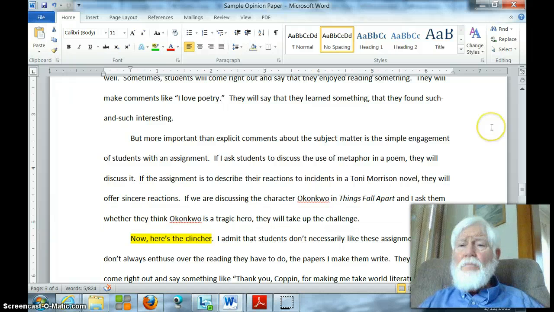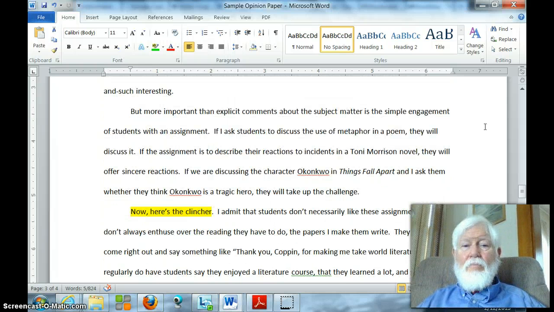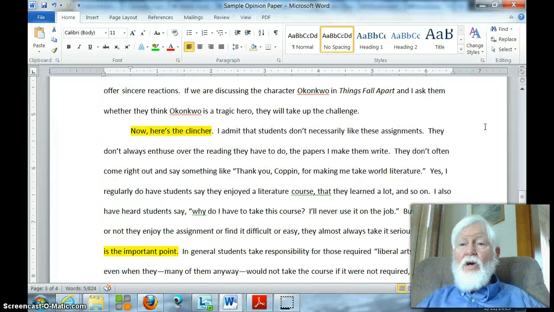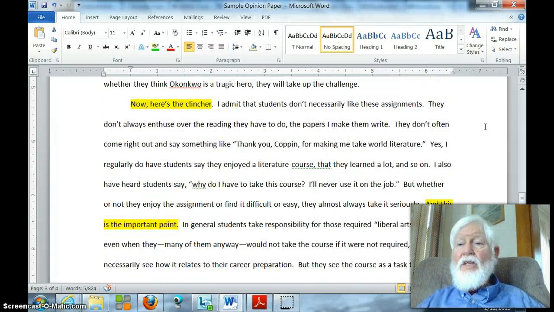So we're developing here the second part of the topic. First, what people in general say about the general education curriculum. Secondly, what this particular writer, who is also an educator, has to say about what students think. All right, so we're going to move here to the conclusion.